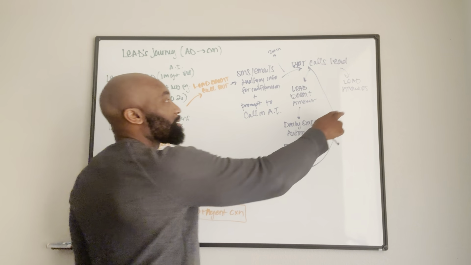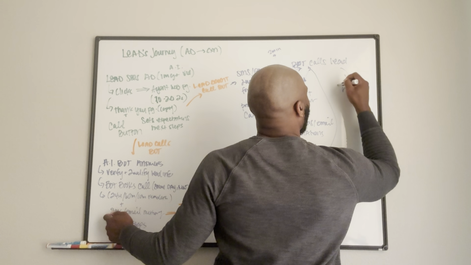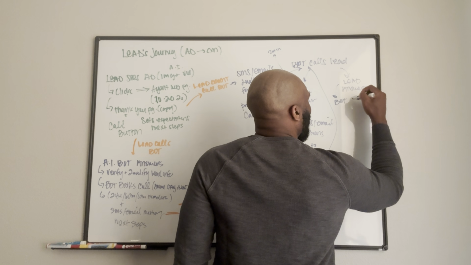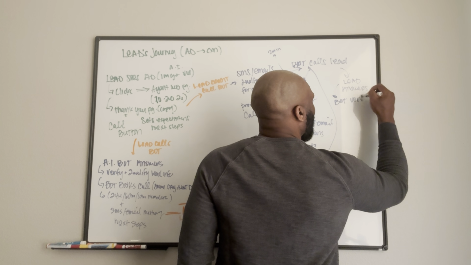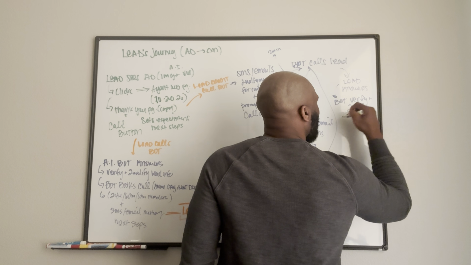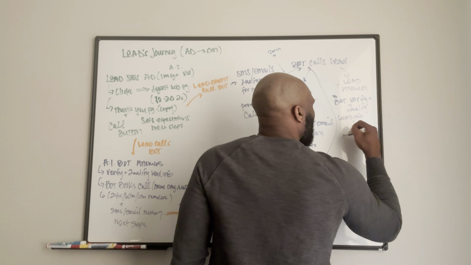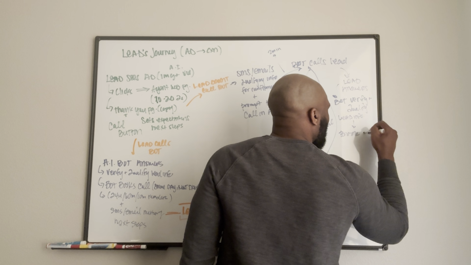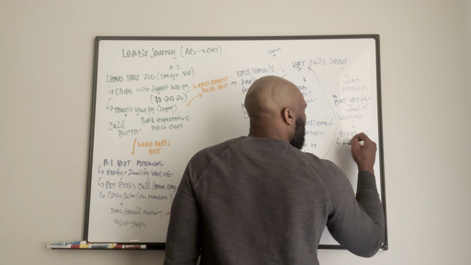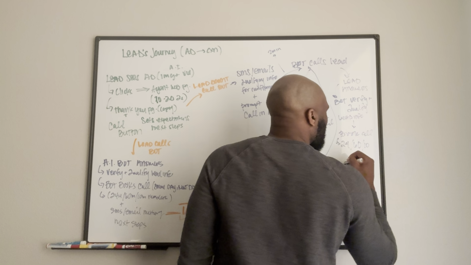If the lead answers, then the bot, similar to here, will verify and qualify lead information. Then book a call. Then, of course, send out reminders, 24, 60, and 10.